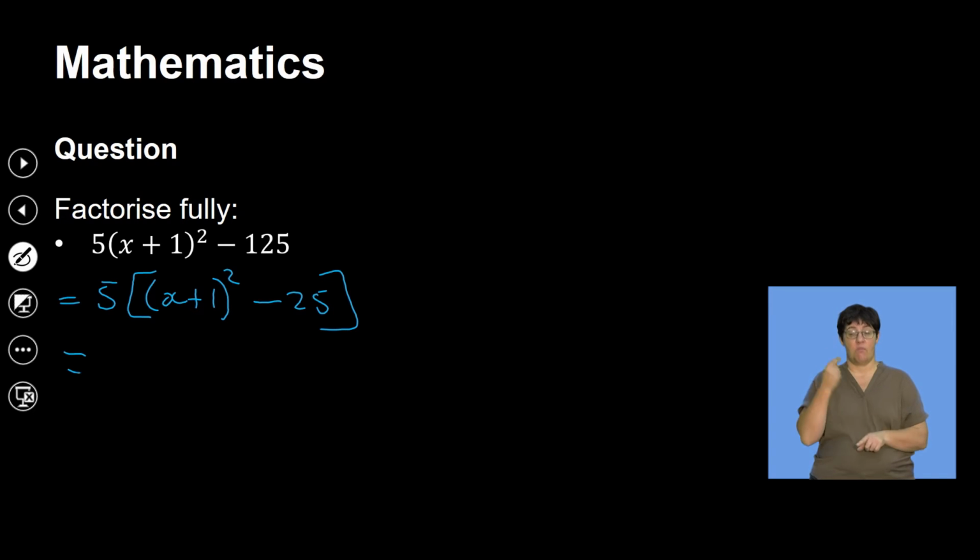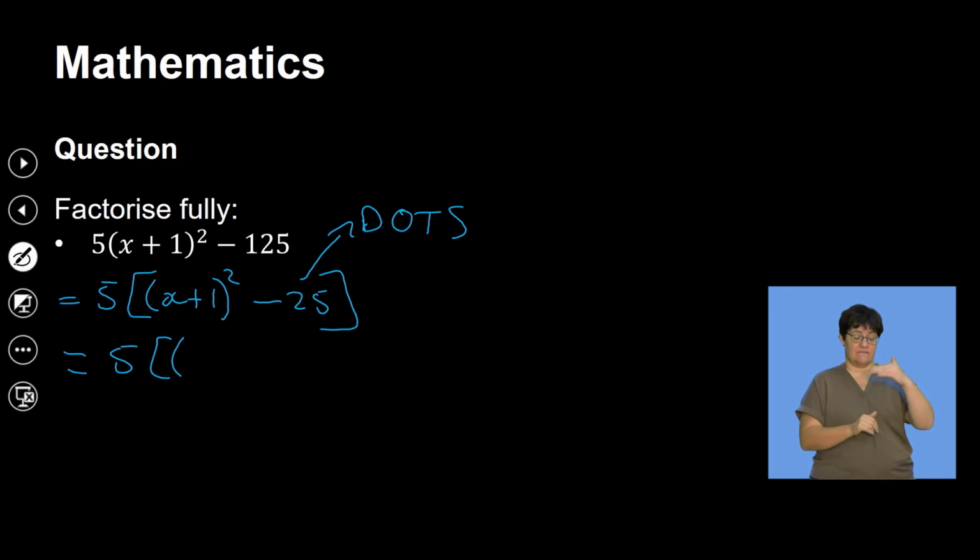And then from there, inside the bracket, I can factorize that, because this becomes the difference of two squares. So it becomes 5 into x plus 1, that's the factor for this one, minus 5.